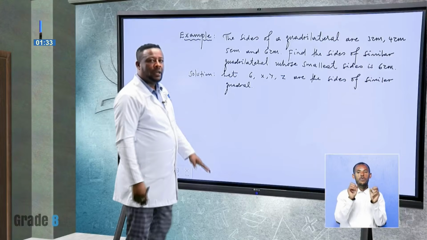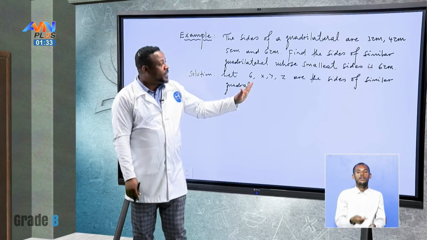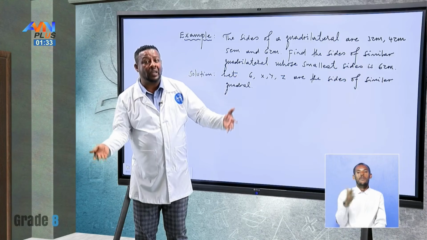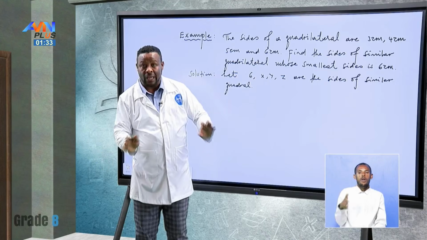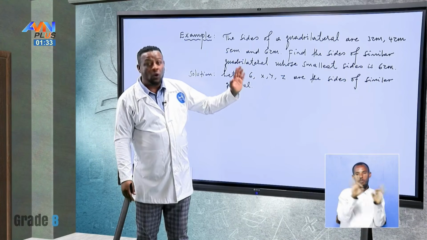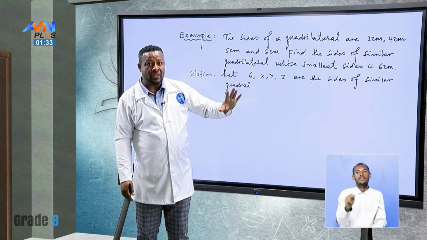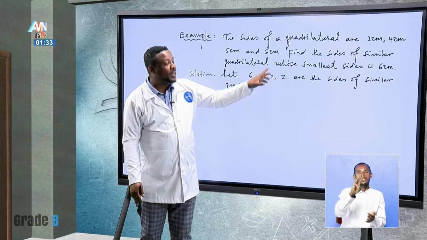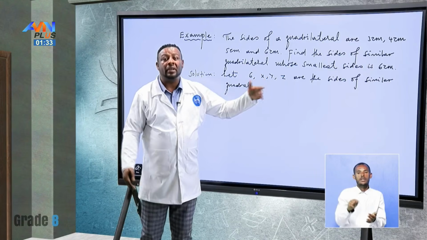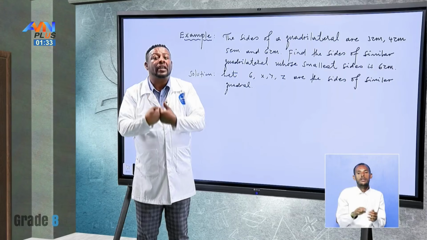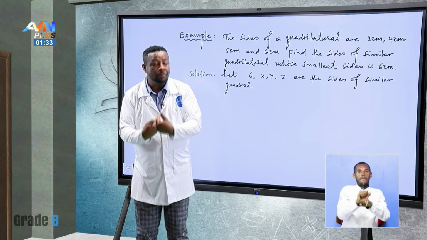Okay, here 6 is already known. One of the sides of the unknown quadrilateral is known, the smallest side of that quadrilateral. So you have to properly put all the variables and the known information. So 6, x, y, z. Why these 4? Because it's a quadrilateral. That means it's a 4-sided plane figure, right?